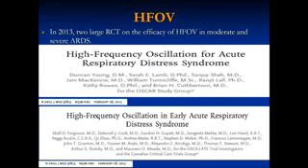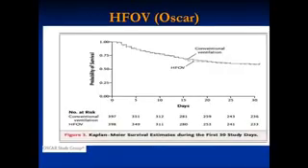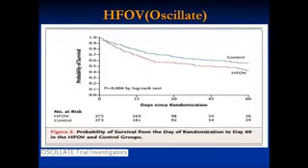Oscar showed no improvement in oxygenation or survival, and the Oscillate showed worsening mortality. So Oscillate had to be stopped because of the high mortality in the treatment group. So these two trials killed high frequency, and nobody used it.